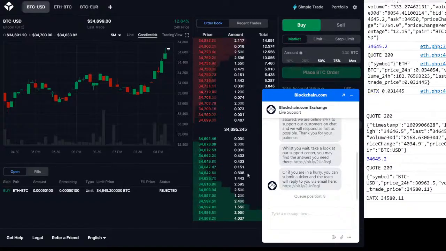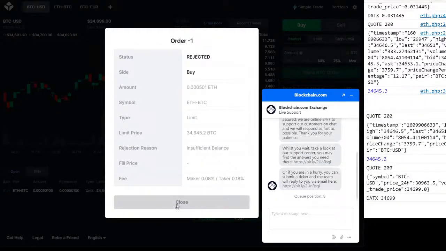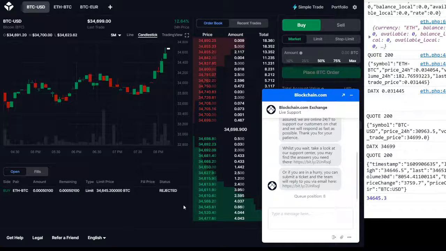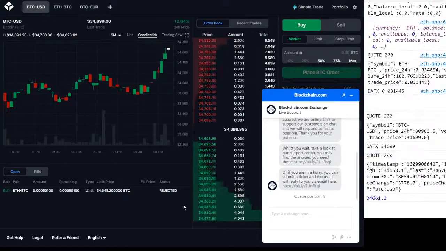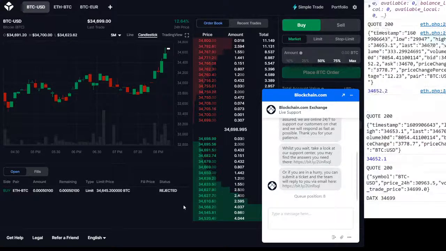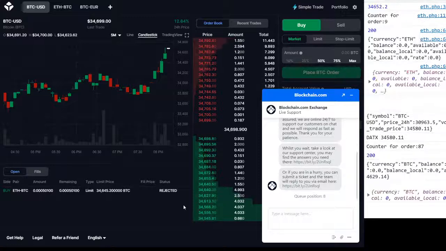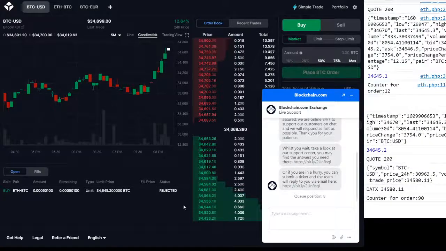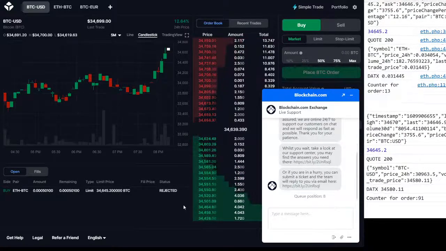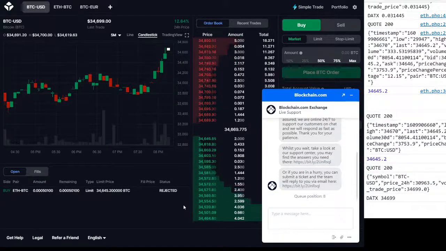ETH BTC denied. Insufficient balance. It must be because we don't have ETH in the account already. That's got to be the reason. But you can see it works on it. I mean, this market's pretty strong. Yeah, we'll ask him when we get there.